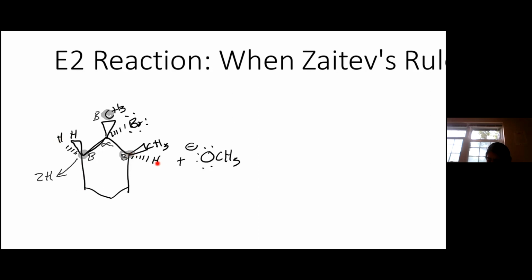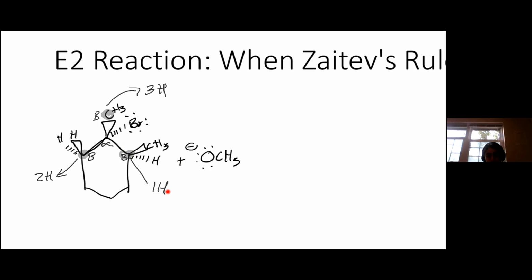There's only 1 attached to it. So let's write that down: 1 hydrogen. And then let's look at this one. There's 3 hydrogens. So we're going to want to remove it from the beta carbon with the least hydrogens. Does that make sense as to why? Right, this one has the least hydrogens, so this one is going to lead us to our Zaitsev product.